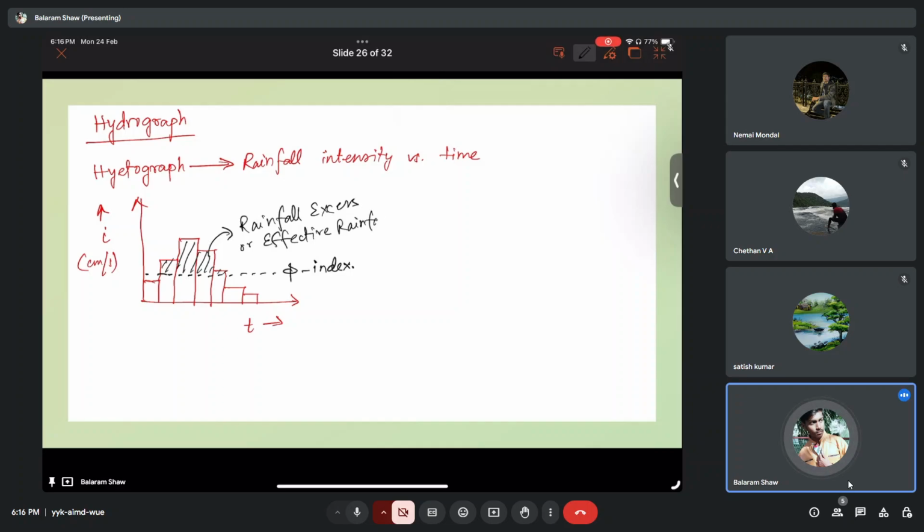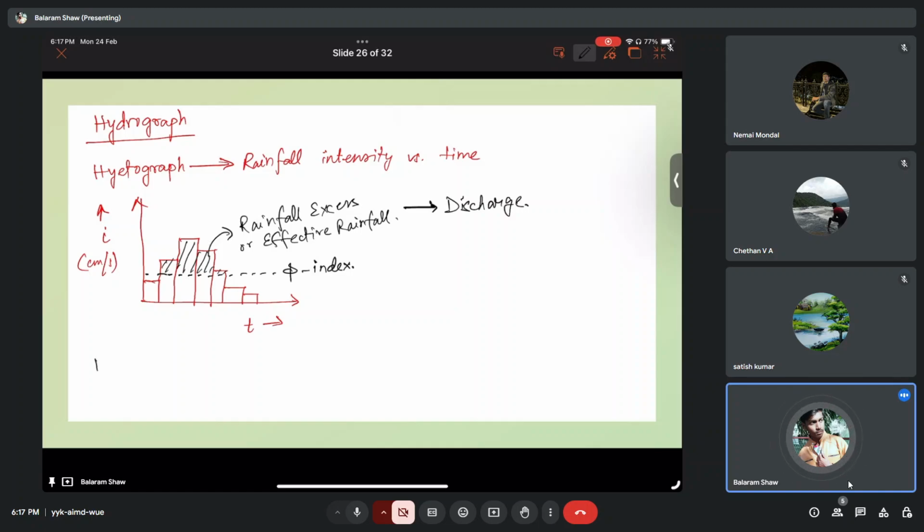So why am I reiterating this? Now, this effective rainfall or excess rainfall gives the discharge or flow.